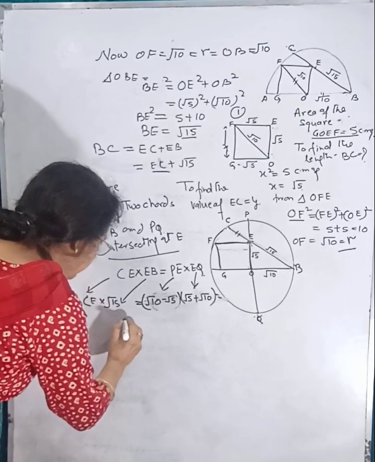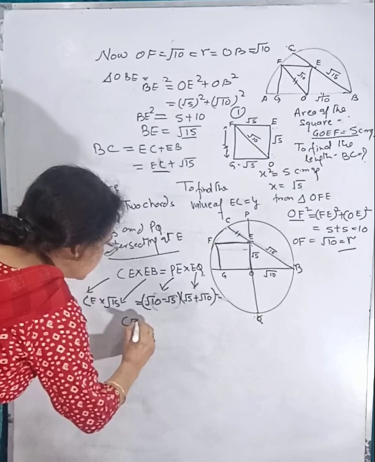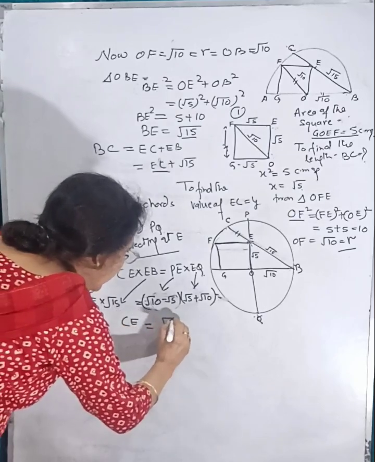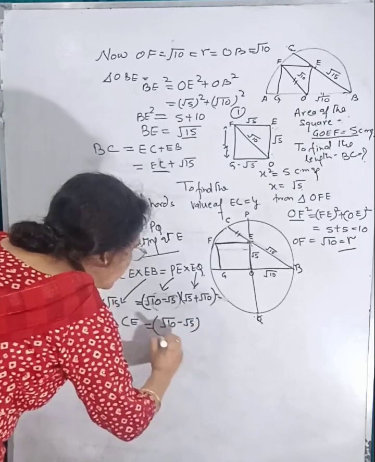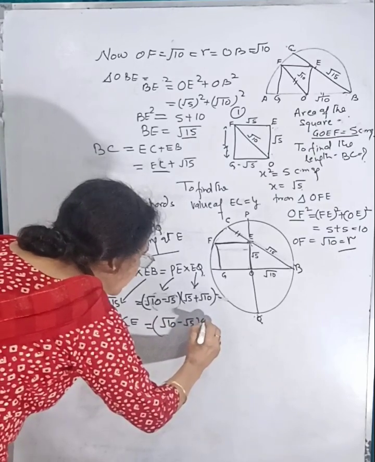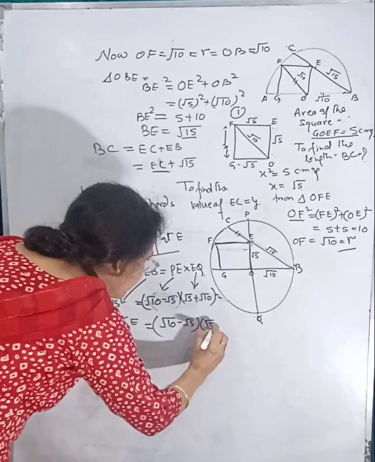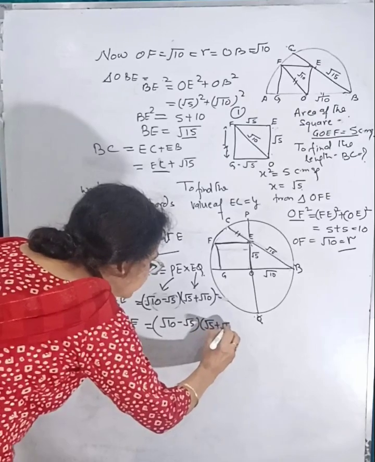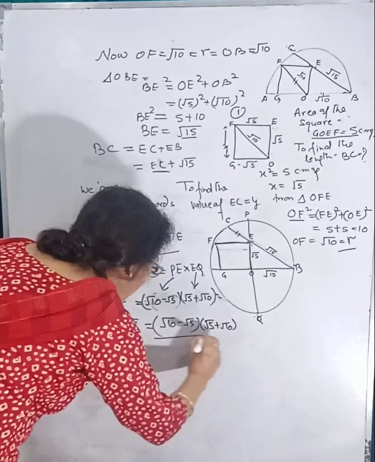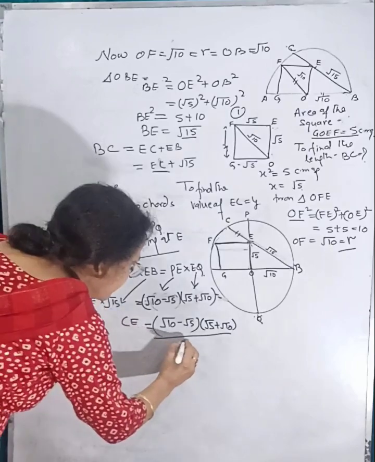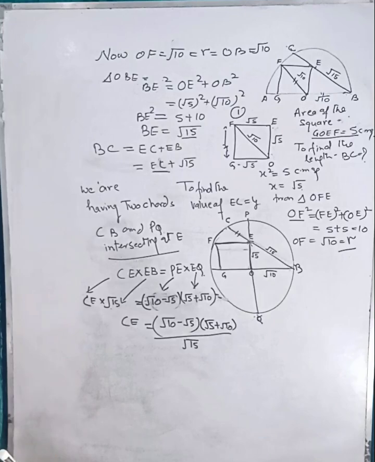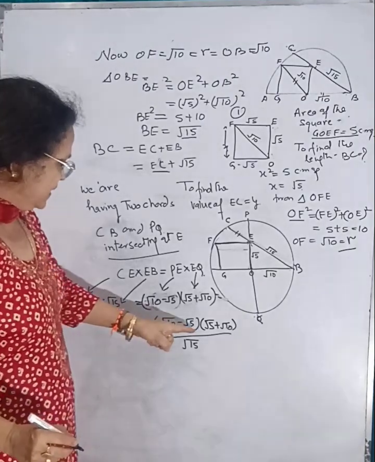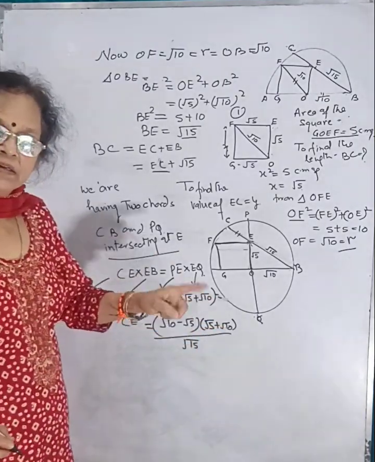Now CE can be written as root of 10 minus root of 5, into root of 5 plus root of 10, upon root of 15. Here the a minus b into a plus b formula is applicable.